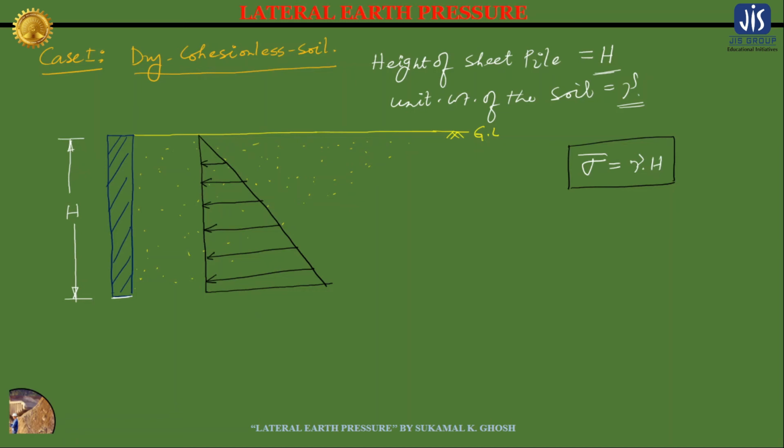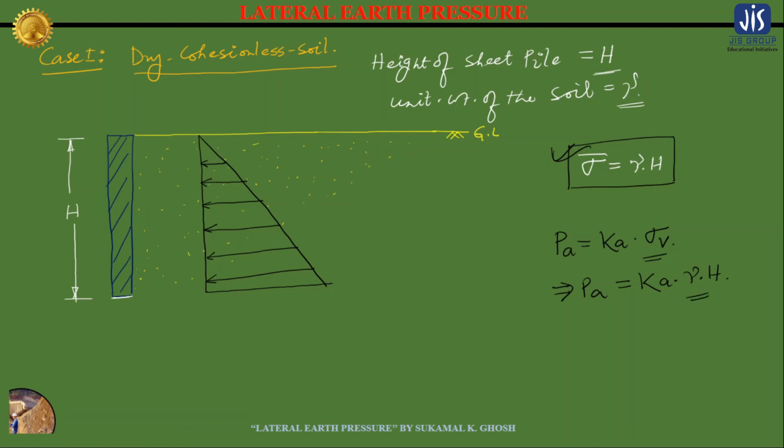Now if you want to calculate the active earth pressure or the passive earth pressure, then how can we calculate? See, we know that active earth pressure is Ka into the vertical stress. So, here this vertical stress is nothing but this effective stress. So, for this case, this Pa will be equal to Ka into gamma into h, right?